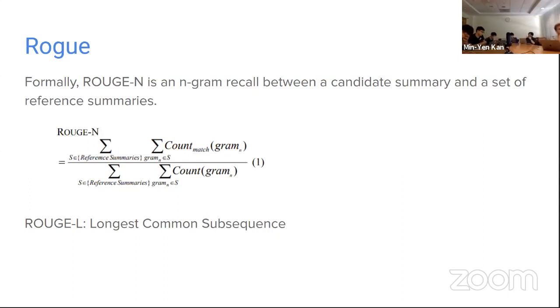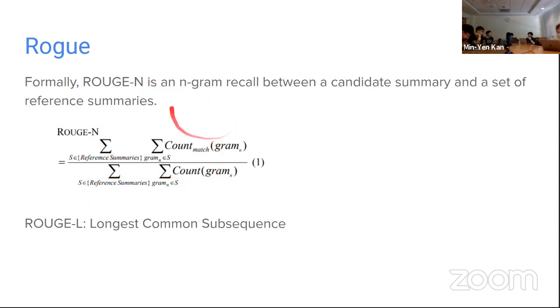So to evaluate your summary, you basically count all of the n-grams that match between your summary and all of the reference summaries, and then divide it by the number of n-grams that you have in the reference summaries.